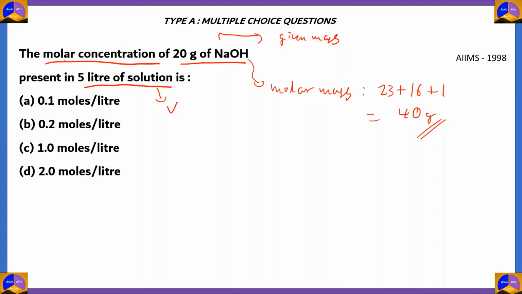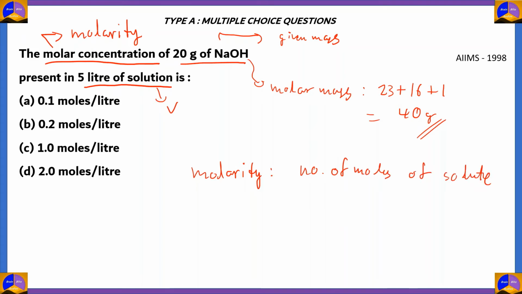Now, let's look at the term molar concentration. This is the same as molarity. So molar concentration is molarity, and the molarity can be expressed as the number of moles of solute divided by volume of solution in liters.